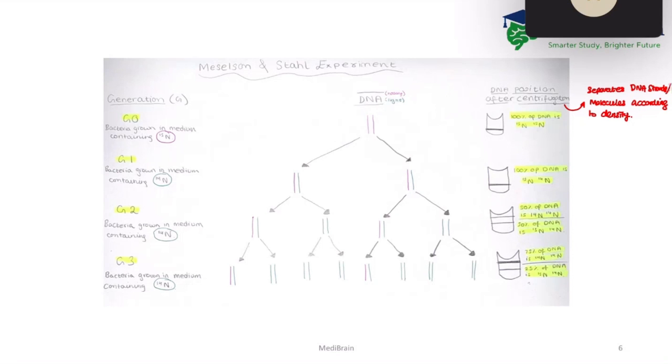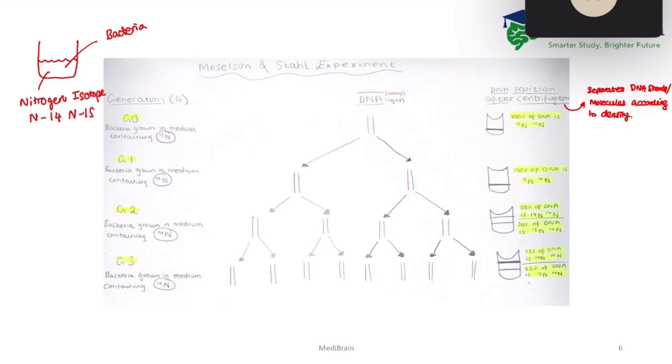So let's say you would have a beaker, and in this solution you would have bacteria and the nitrogen isotope. There are two nitrogen isotopes that we're going to be using: the nitrogen 14 isotope and the nitrogen 15 isotope.